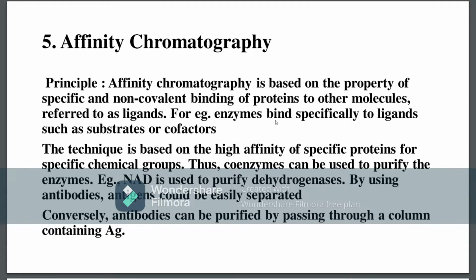For example, enzymes bind specifically to ligands such as substrates or cofactors. The technique is based on the high affinity of specific proteins for specific chemical groups. Thus, coenzymes can be used to purify enzymes. For example, NAD is used to purify dehydrogenases. By using antibodies, antigens can be easily separated.